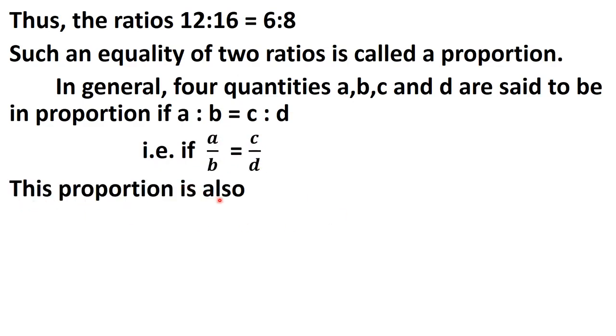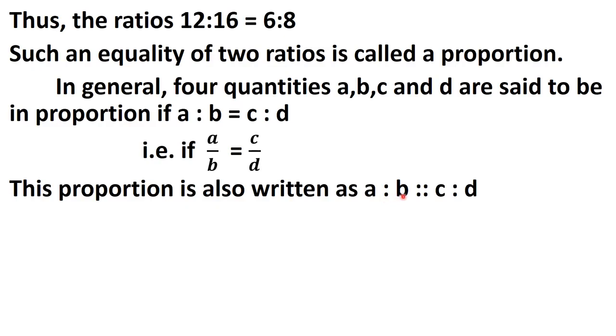this proportion is also written as A is to B. For proportion we use these four dots. For ratio we write two dots, and for proportion we write these four dots.